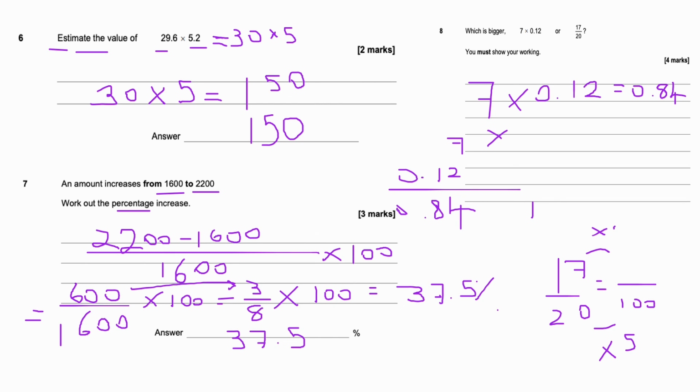So 17 times 5. 7 times 5 is 35, so 5 carry the 3. 1 times 5 is 5 plus the 3 is 8, so it's 85 hundredths, which is 0.85 as a decimal. And that is bigger than 0.84. So the answer is 17/20 is bigger.